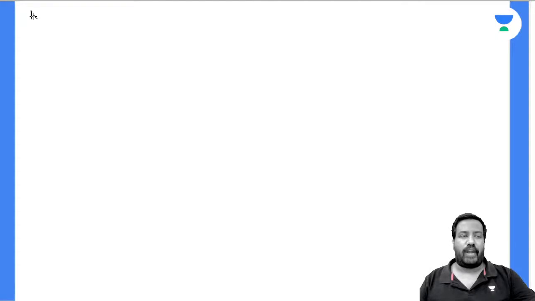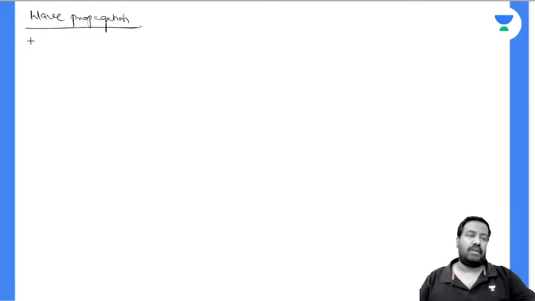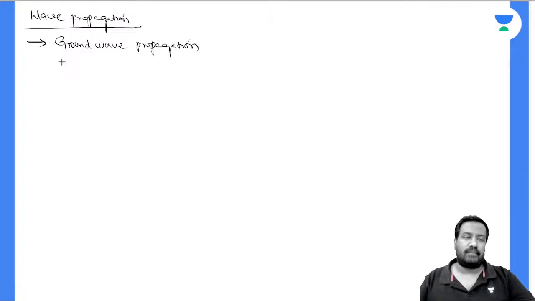Besides this, we have seen wave propagation, we have seen three principal modes of propagation: ground wave propagation, sky wave propagation, and space wave propagation.